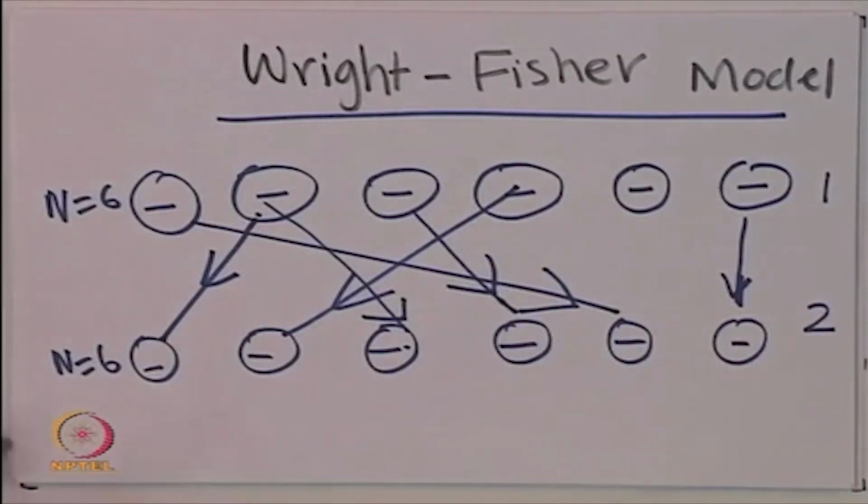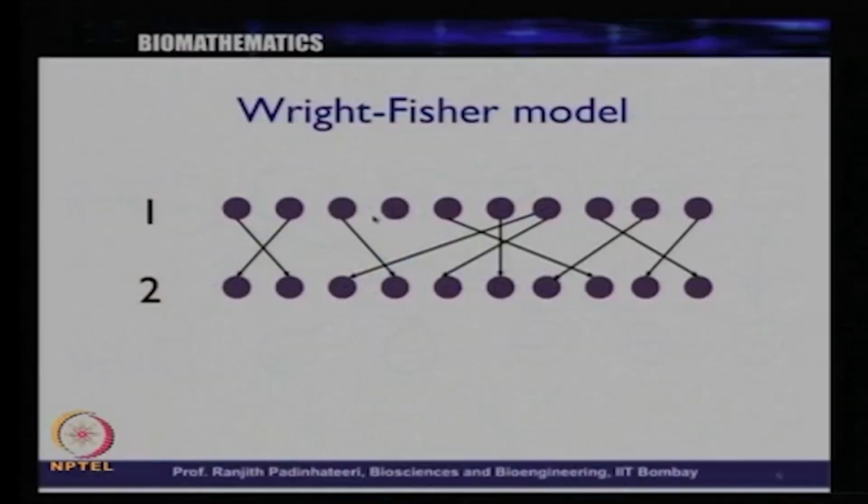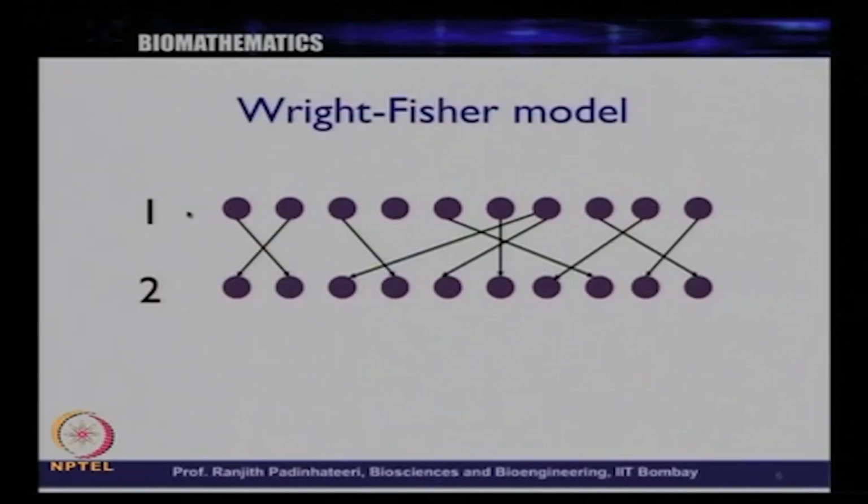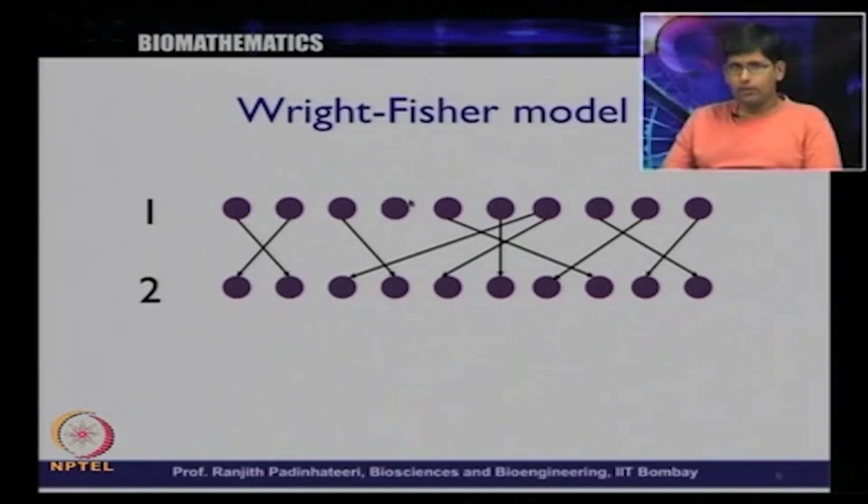Now this is what is drawn here: the first generation and the second generation. You can see here, for example, that this particular individual has no offspring at all. So whatever genes, whatever chromosome was in this particular individual would be lost.